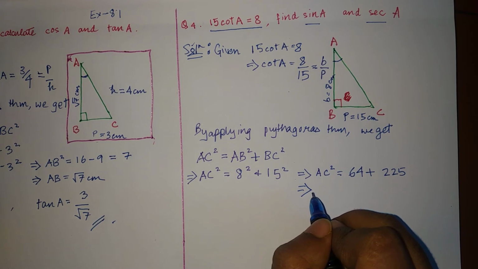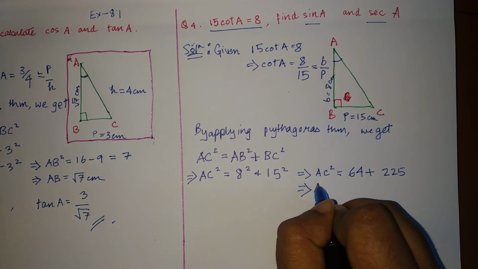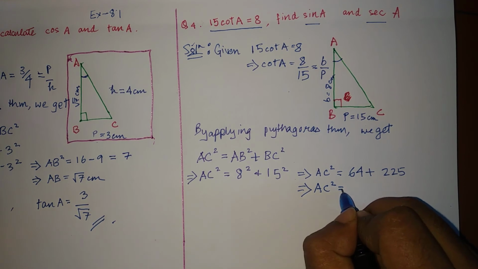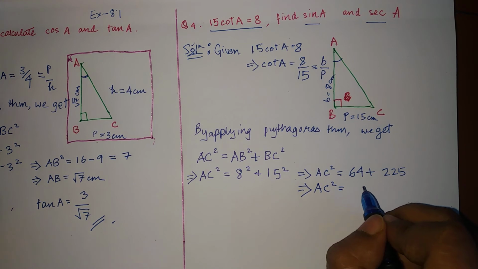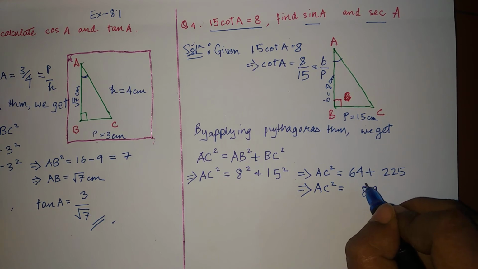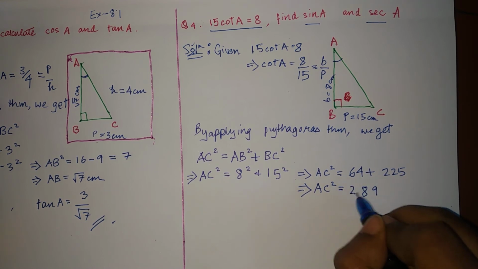Now you have to add these two numbers, 64 and 225. Let's add these numbers. 4 plus 5 is equal to 9. 6 plus 2 is equal to 8, and 2 will remain as 2.